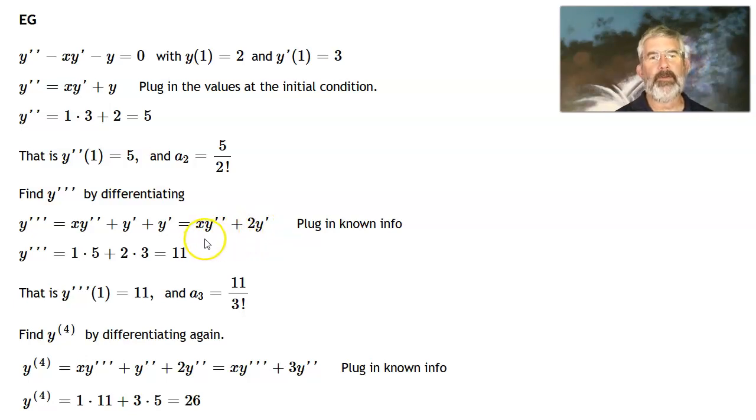So the third derivative is x times y double prime plus 2y prime. And plugging in now, x is 1. The second derivative was just calculated as 5. And then 2 times the first derivative, which is the initial condition there, 3. And we get that y triple prime is now 11. Okay, so with y triple prime of 1 equal to 11, then a3 is 11 divided by 3 factorial.